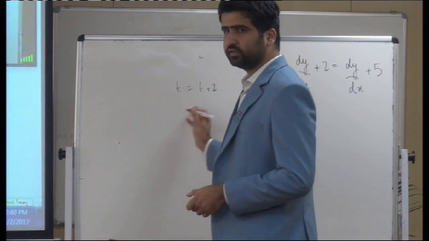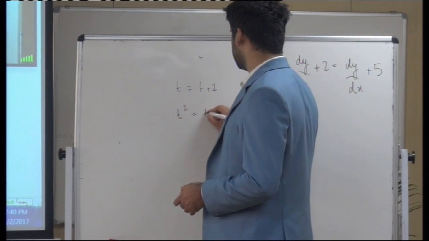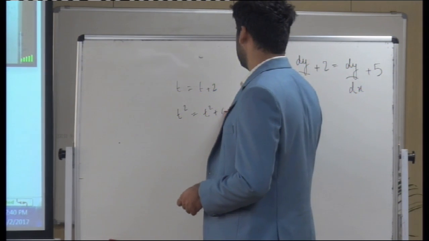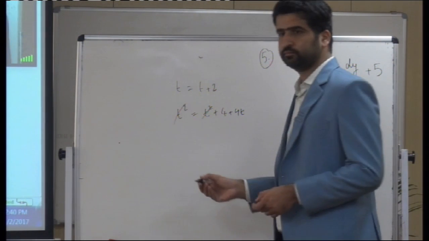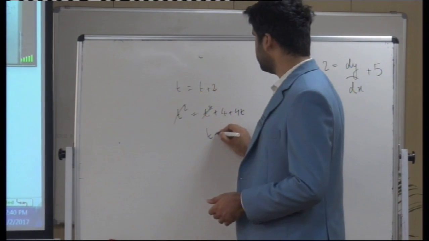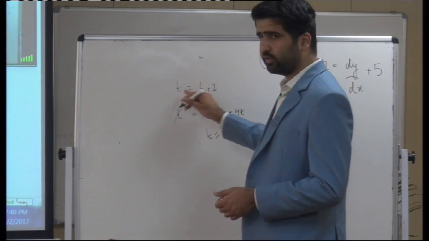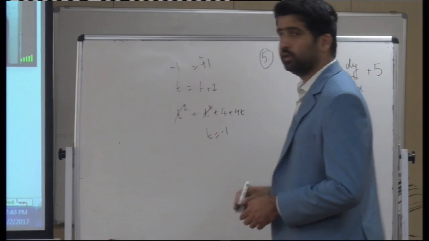Can we square both sides? And if we square both sides, we'll get t square is equal to t square plus 4 plus 4t, and t is equal to minus 1. But if t is equal to minus 1, what will you get over here? Minus 1 is equal to plus 1, right?